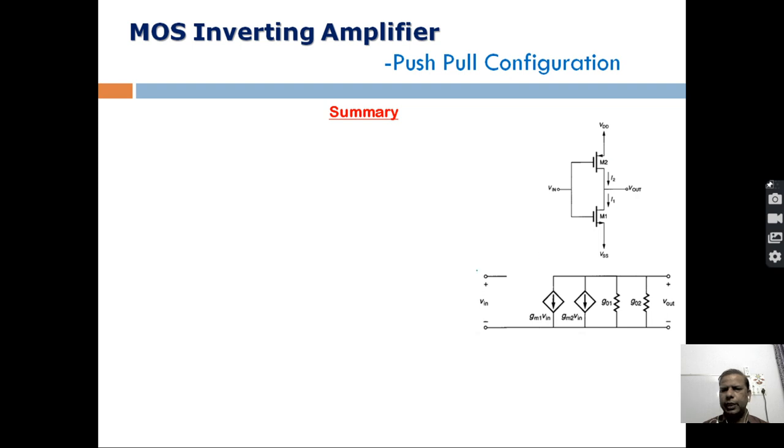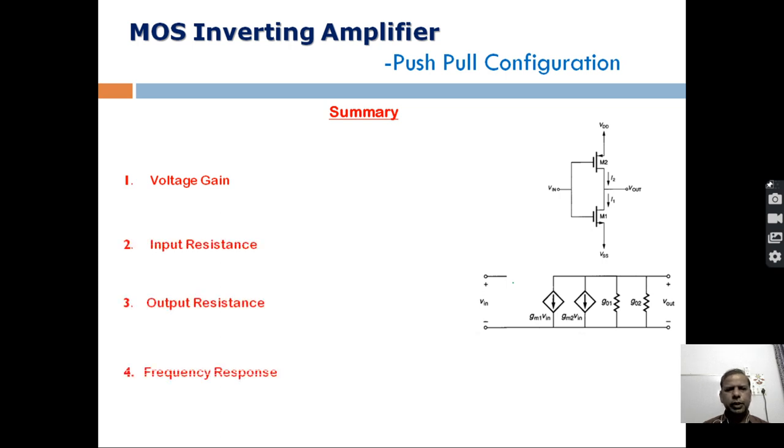That way we get the equivalent circuit of the MOS push-pull configuration, and from it we derived many important parameters: voltage gain, input resistance, output resistance, frequency response. The voltage gain equation is given by this.